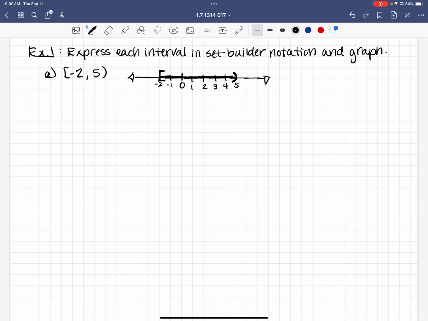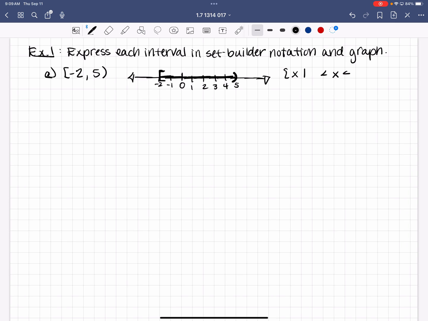Okay? And you've got to think about that when you do set builder. Set builder always starts off: curly bracket, x such that. Now, since this doesn't have an infinity in it, this has numbers, that means we're going to have a compound inequality. So x is in the middle. You put your inequality, your less thans in there.